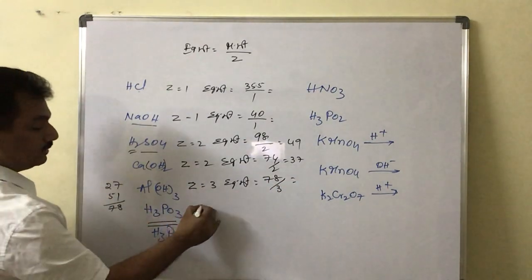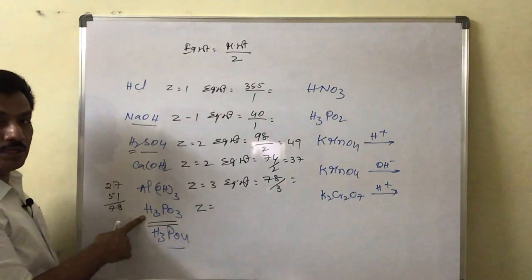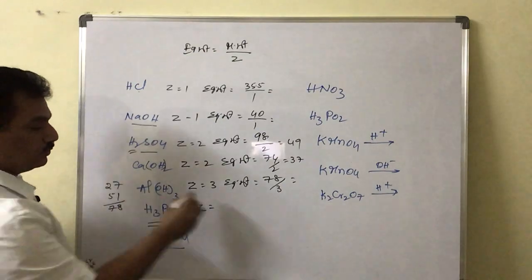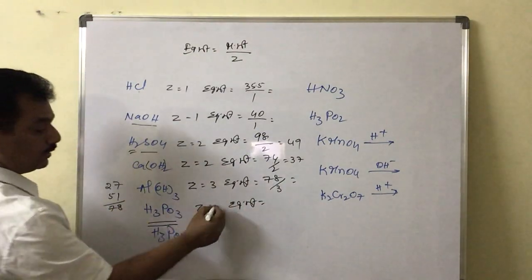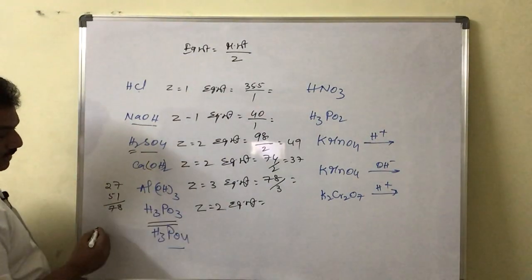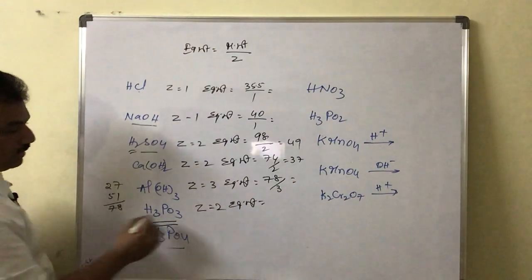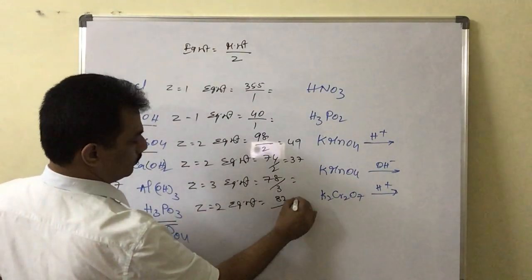For H3PO3, even though there are 3 hydrogens, we already know the replaceable hydrogens are only 2, so its equivalent weight is the molecular weight by 2. Here the molecular weight is 51 plus 31, 82, by 2.